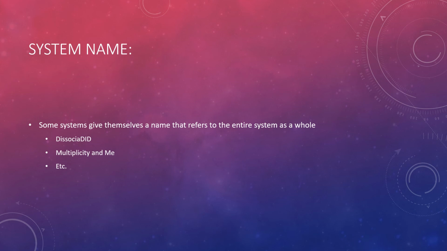This allows us to not only identify our system as a whole, but it also allows us the freedom of being able to write and create content and hopefully soon publish works without the stigma of being a system becoming an issue and causing harm to us in our everyday life.